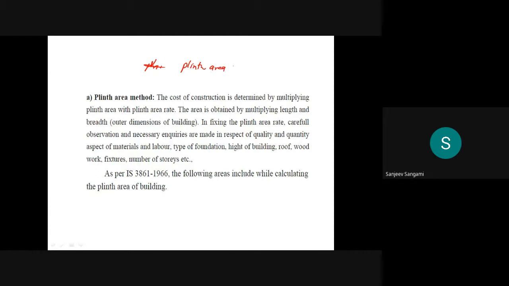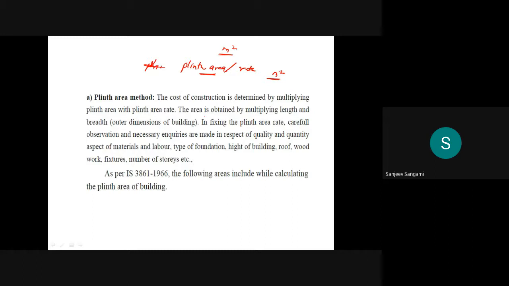Plinth area and how much rate per meter square. Assume that it's meter square, or feet square, per square foot. What will be the rate per meter square? What will be the rate? Normally, the rate is given per meter square only.